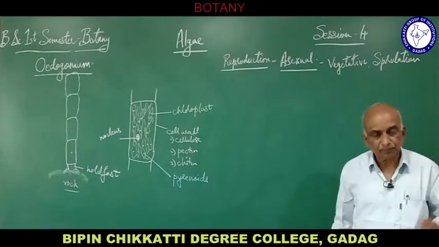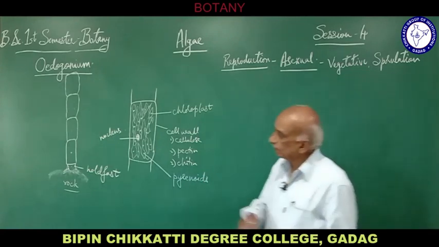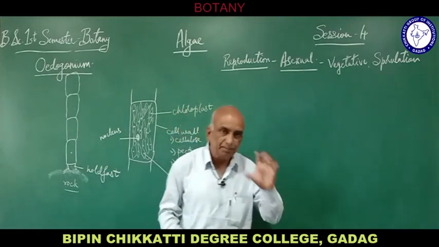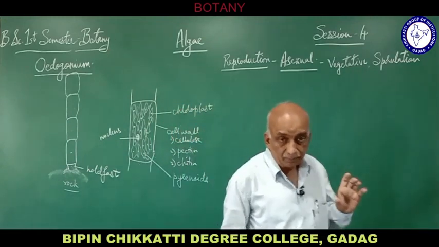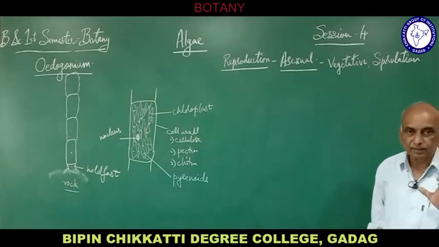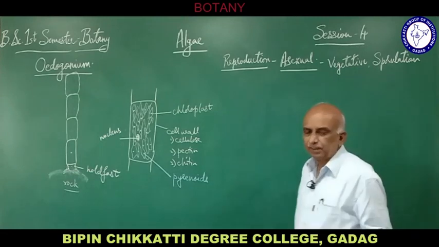Where the filaments break, here also the Oogonium filament, when it breaks accidentally into segments called fragments, each fragment is capable of developing into a new filament by simple cell division.